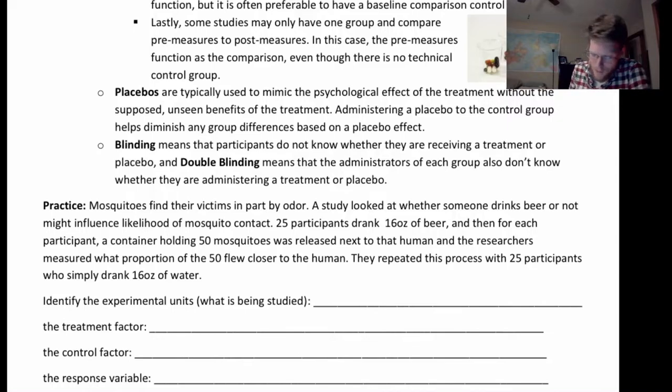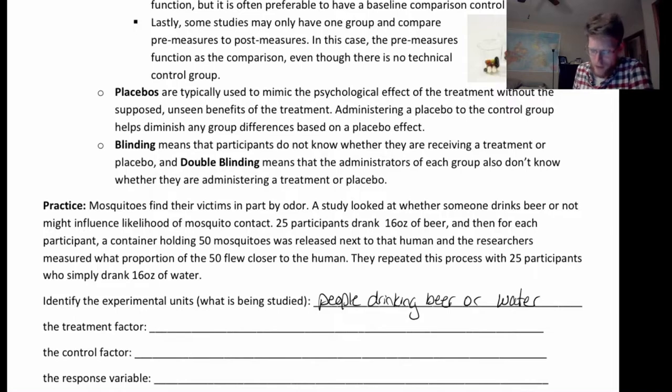And that's going to be people drinking beer or water. In some cases, we might do studies where the experimental units are animals, maybe they're plants, maybe they're something else, right? So we just want to keep in mind who or what we're measuring.